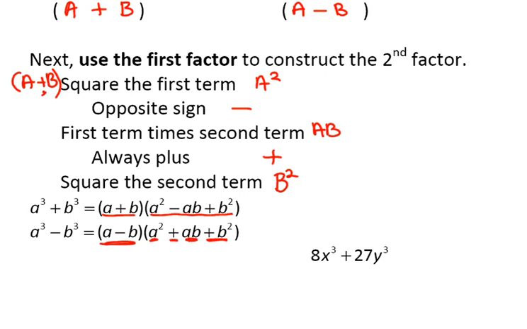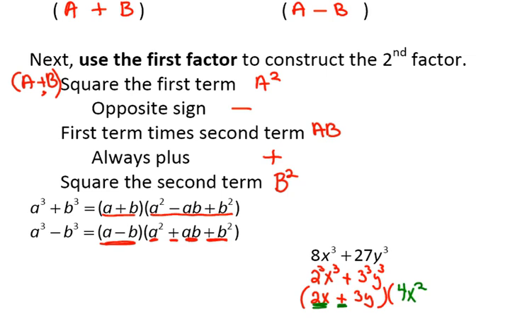So let's take this and work this problem. 8 is really 2 cubed, so 8x cubed plus 27 is 3 cubed, and then y cubed. When I get my first parentheses, I'm going to take the cube root, which is 2x, same sign, which is plus, and then the cube root of this, which is 3y. Then I'm going to take my first term and square it. 2x times 2x is 4x squared.